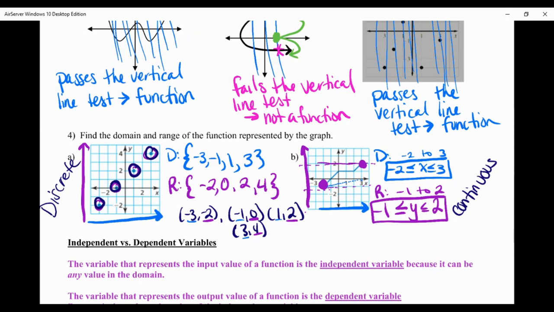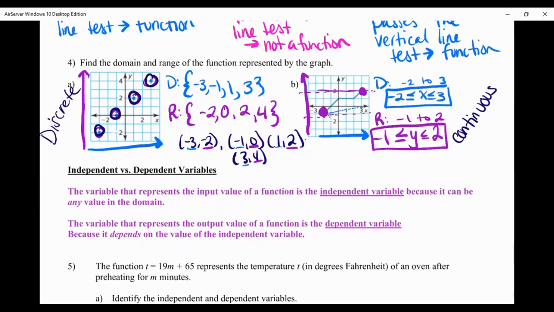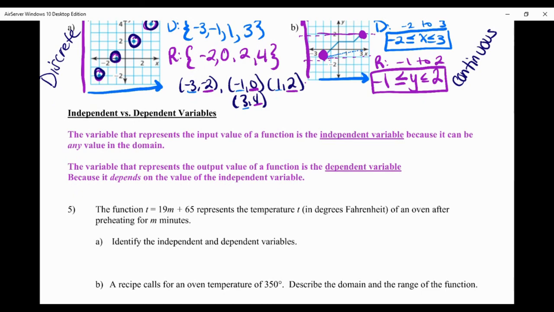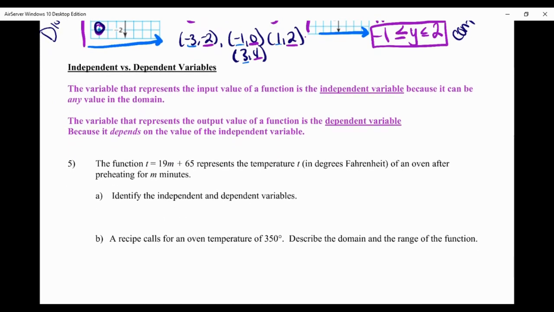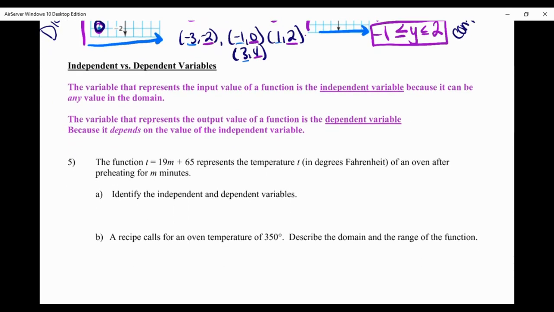So the last component of this introduction to functions is talking about independent variables and dependent variables. I've tried to use these terms when we talk about the domain, the inputs, the x values, or the output values, the range, or the y values, because they are directly tied.